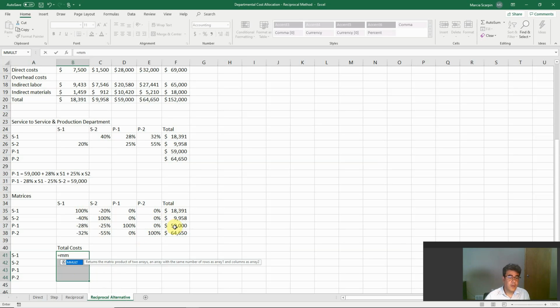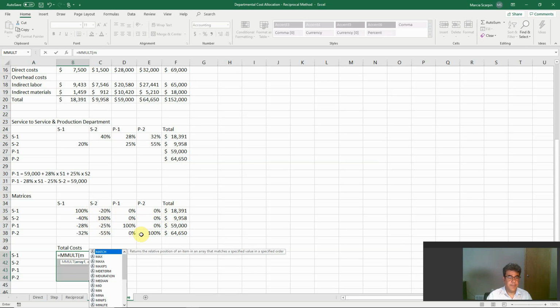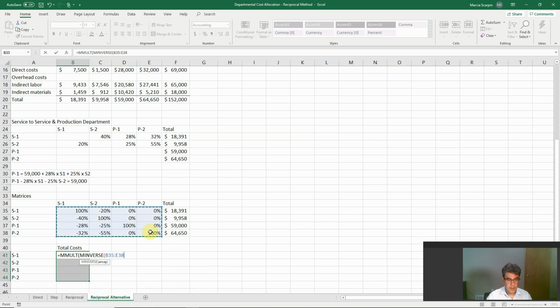So MMULT is the multiply of this matrix, the inverse of this one, so MINVERSE of this one, comma, this second one here.